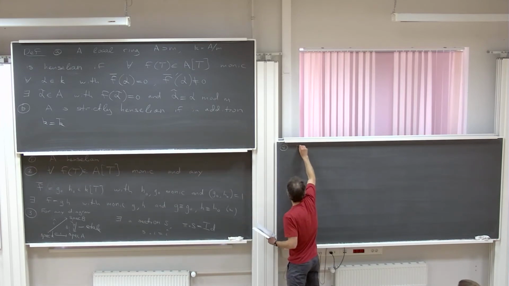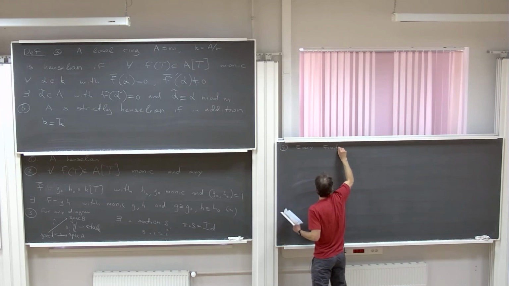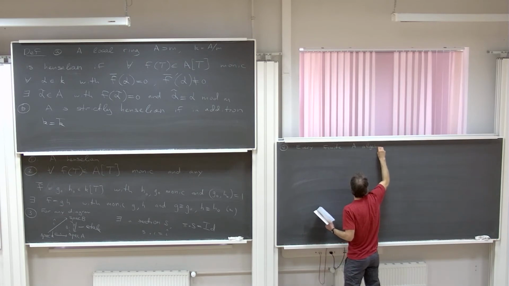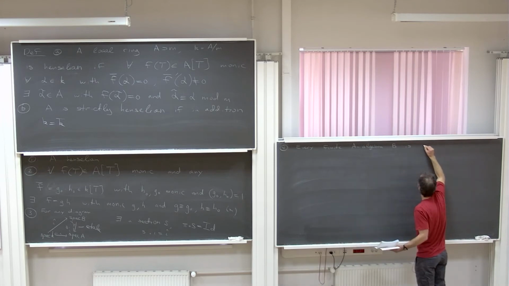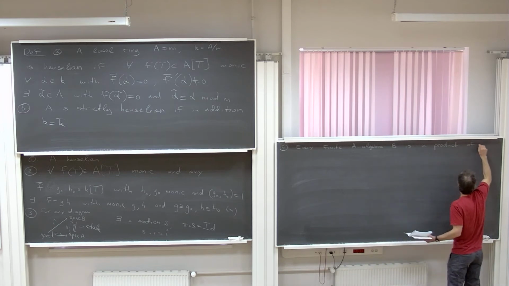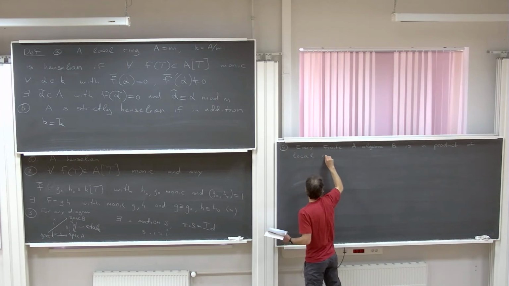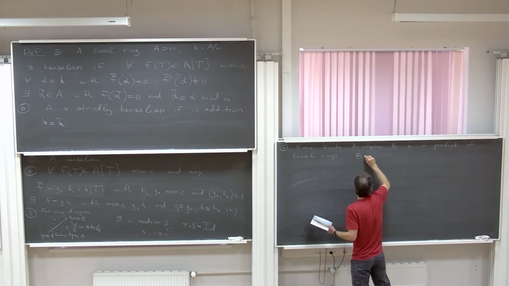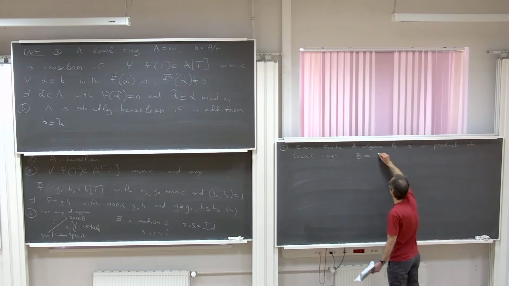Every finite A algebra B is a product of local rings. So B is a product of B_i.